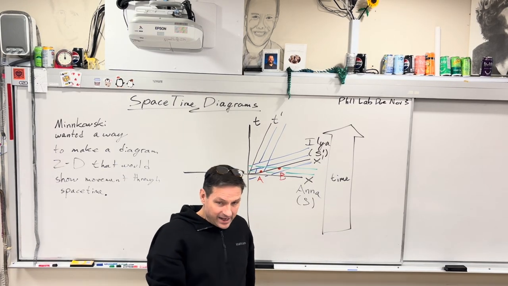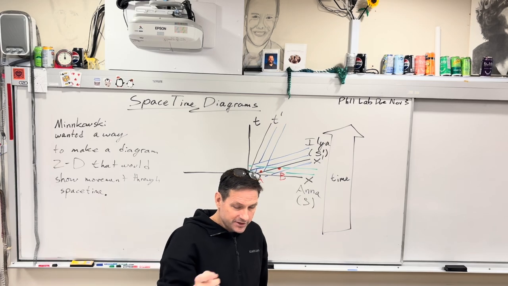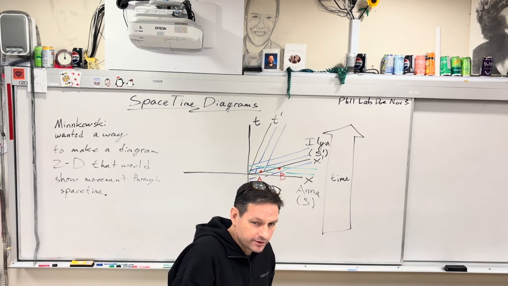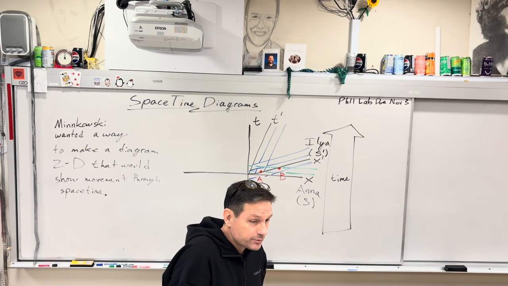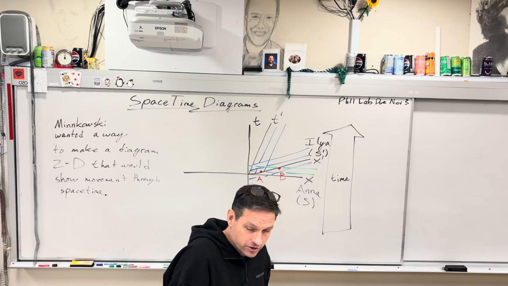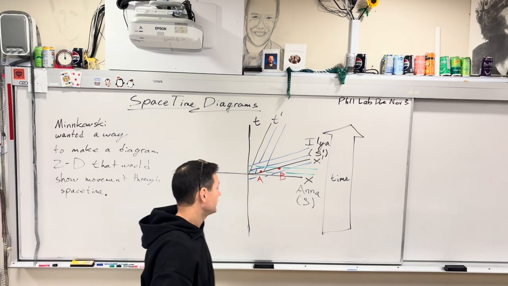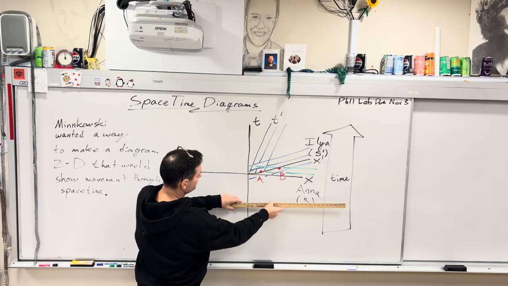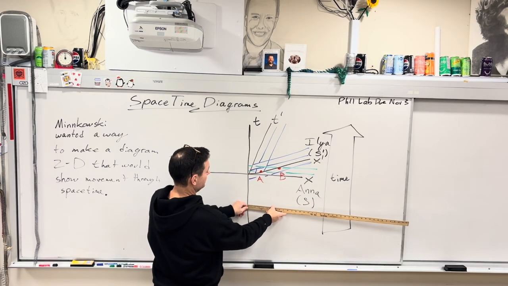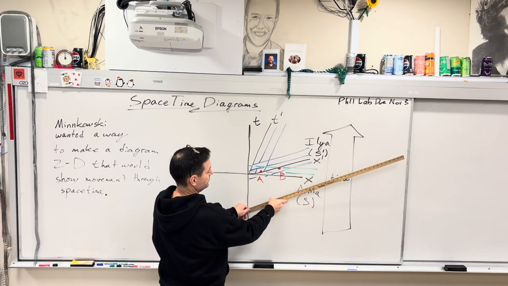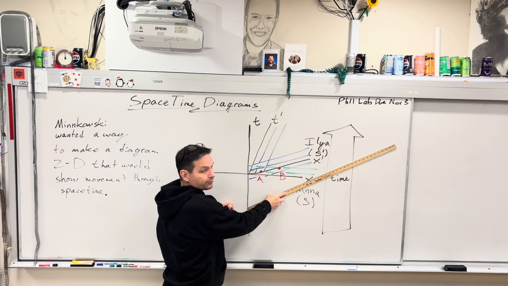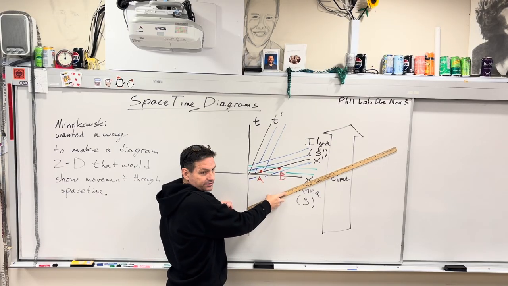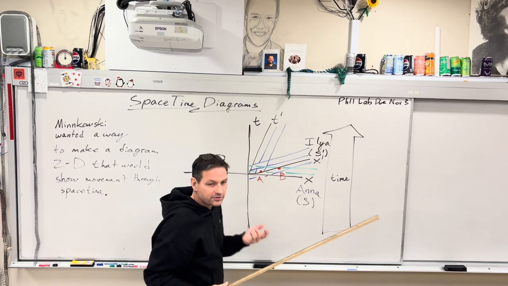When you move fast, time itself changes, and what else changes? Space changes as well. Length contracts, right? So you move through space from here, like this. You have to put that angle. When you move fast, your space and time axes tilt. We have to do this, right?